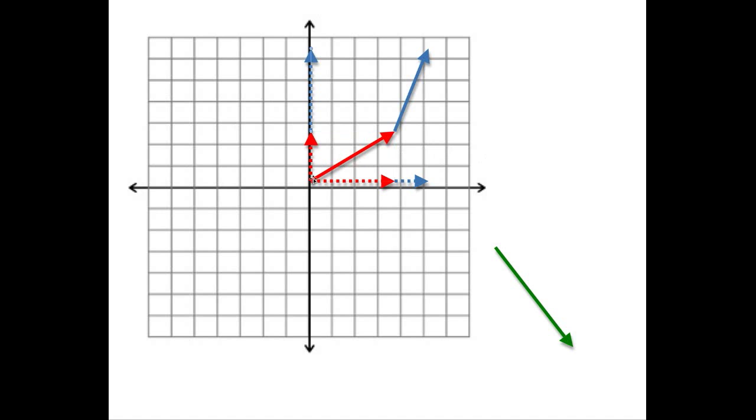Now, to draw a resultant vector, we would use the head to tail method. So we bring in our resultant vector and connect the head to tail, so right about there. Now, if you look, this vector's y component is the red plus the blue y components, and its x component is the red plus the blue x components.